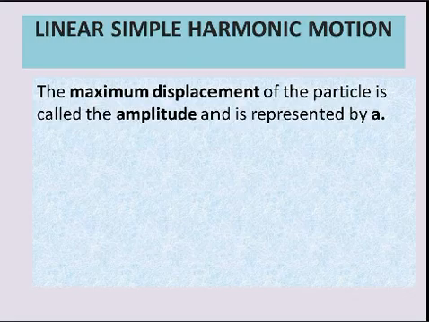So the maximum displacement of the particle is called amplitude, and in certain books it is represented by the symbol A. It may vary with the textbooks. In the book which I am referring to, it is given as small a.